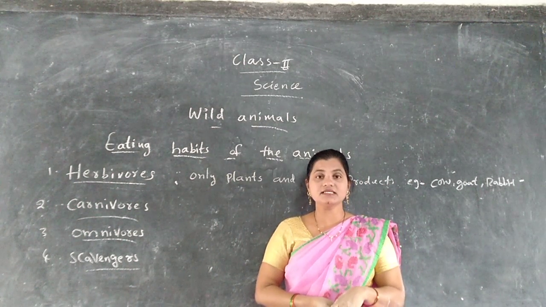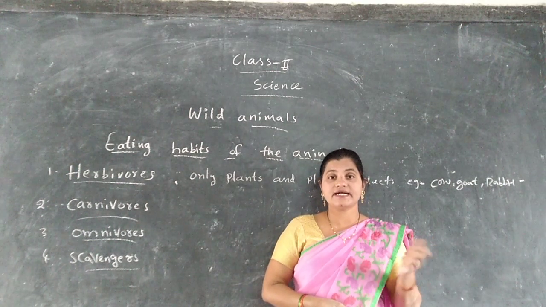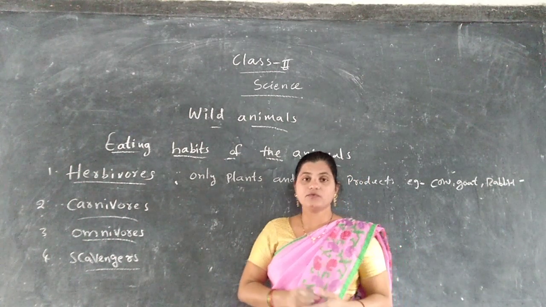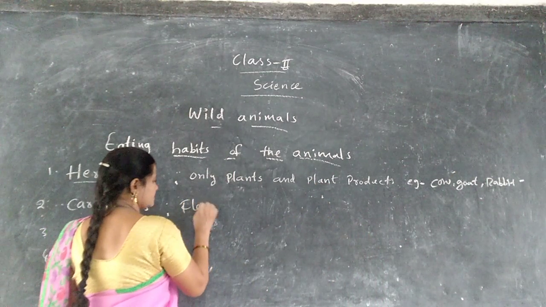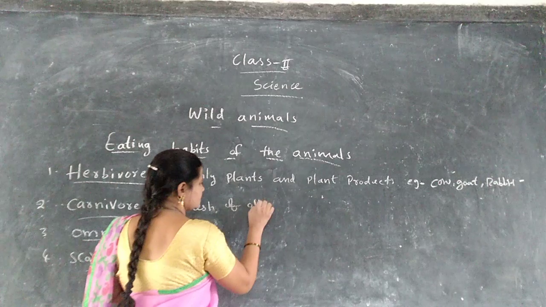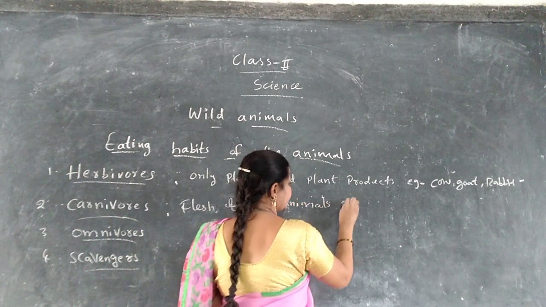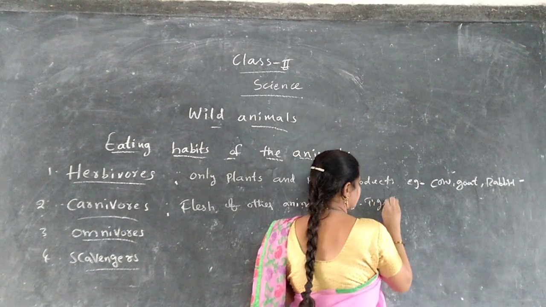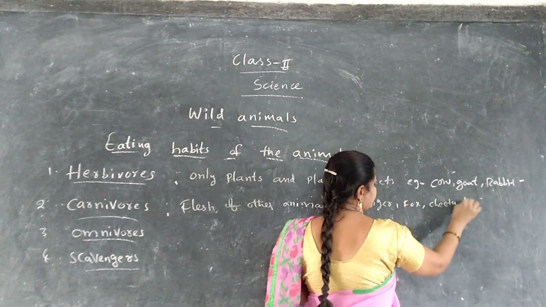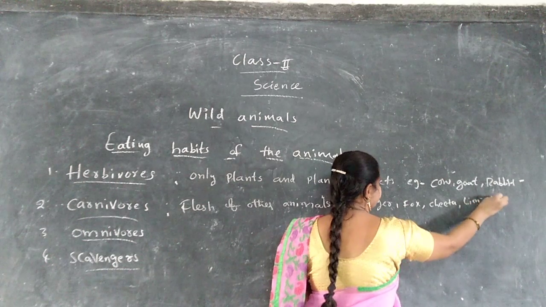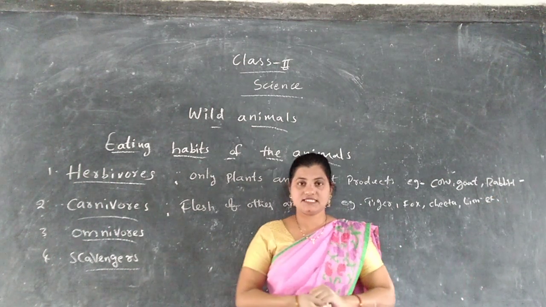They depend on the flesh of other animals. For example, tiger, fox, cheetah, lion, etc.